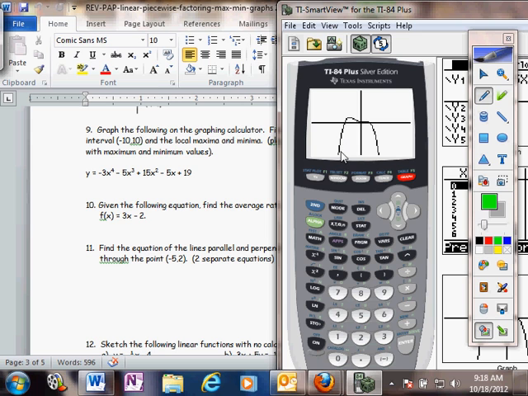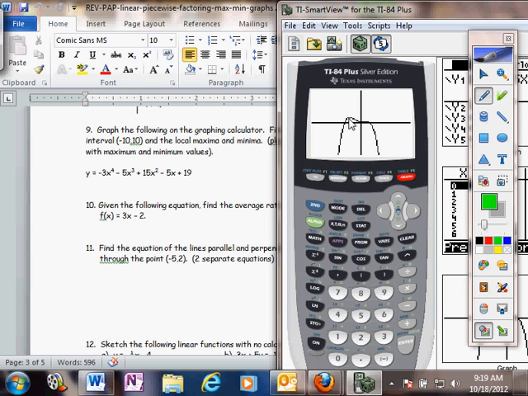What I need to find is, does this stop on this interval? And what you should see here is this graph continues on in a downward direction on this interval from -10 to 10. So the absolute minimum does not exist.